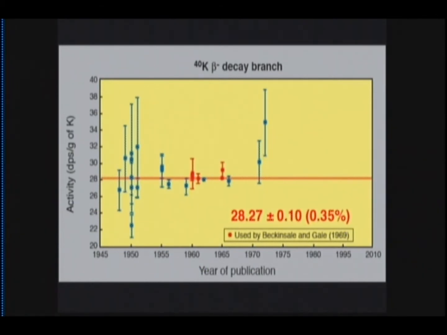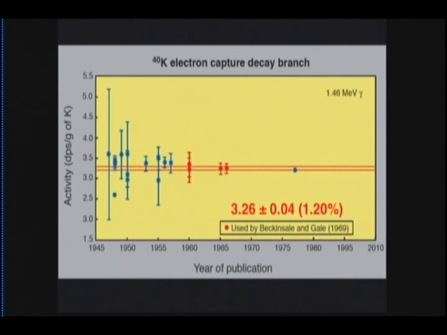But in any case, whatever the rationale was, this is the summary compilation of these 1, 2, 3, 4, 5 measurements gives this value. So that value put into the equation I showed you earlier is what the widely used beta decay constant for potassium-40 is. And analogously, here are the data for the electron capture branch.